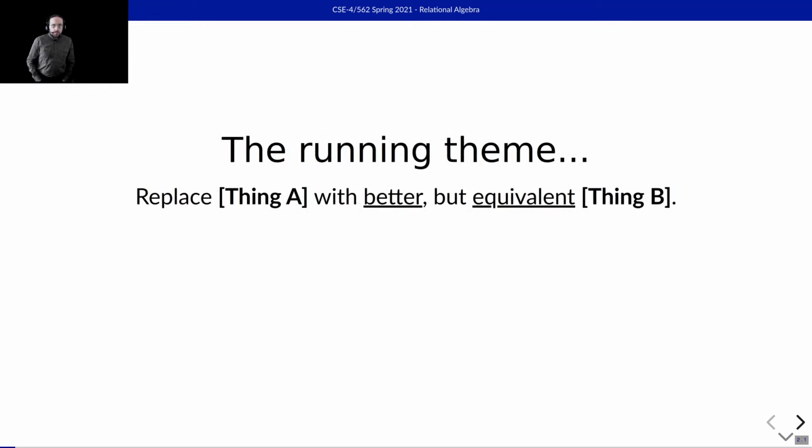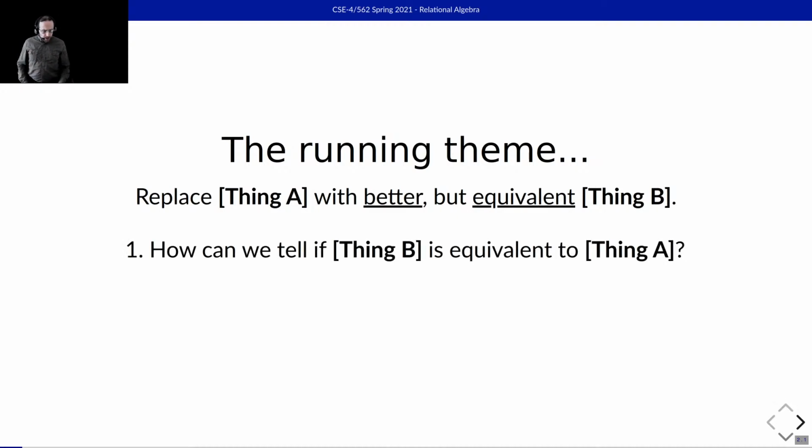Okay, so over the course of Tuesday, I brought up this idea that pretty much the entire class, or each segment of the class, could be summarized by: we're going to take thing A that the user asks us to do, and we're going to replace it with a better but equivalent thing B. In order to do this, we essentially had to answer two questions.